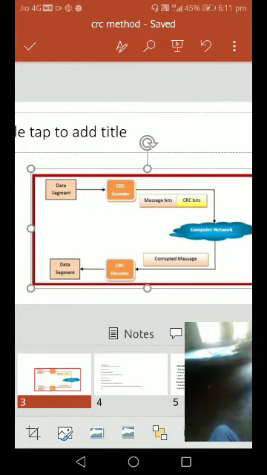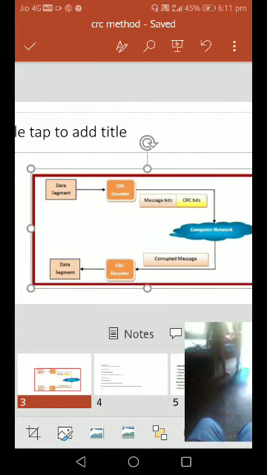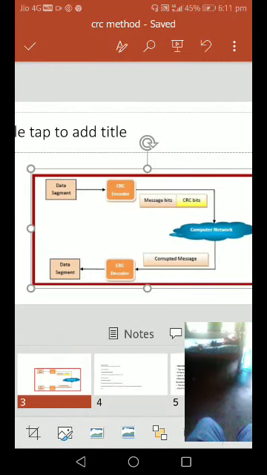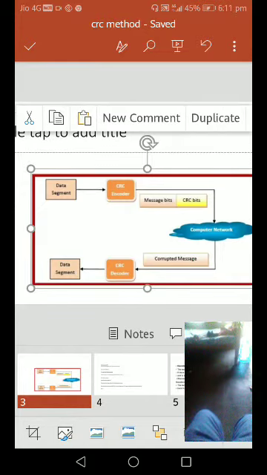Each message data segment is called the message bits, and the CRC bit is the cyclic redundancy bit.